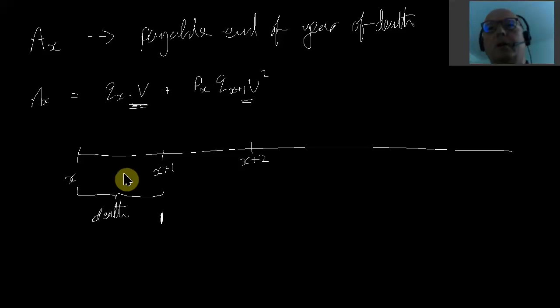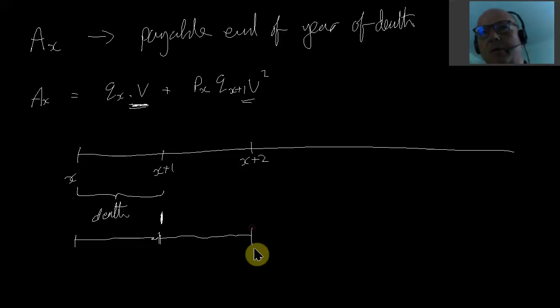But on average the death will happen, and there's no better way of doing this than to say that if you're going to have the benefit payable immediately on death, then on average we're going to assume it's halfway between there and there, or if the death happens in the second year, halfway between there and there.